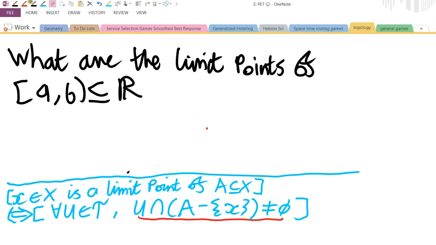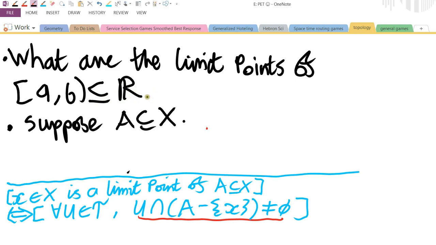And another question for you. Let's rephrase it. Suppose that X is a set. Suppose that A is a subset of X such that the number of elements in A is greater than or equal to 2.